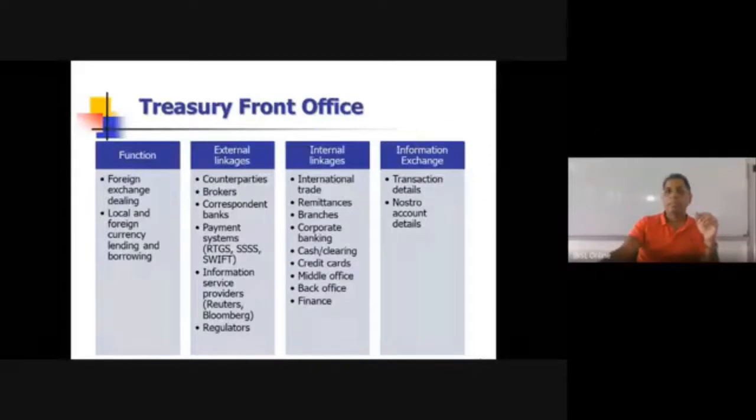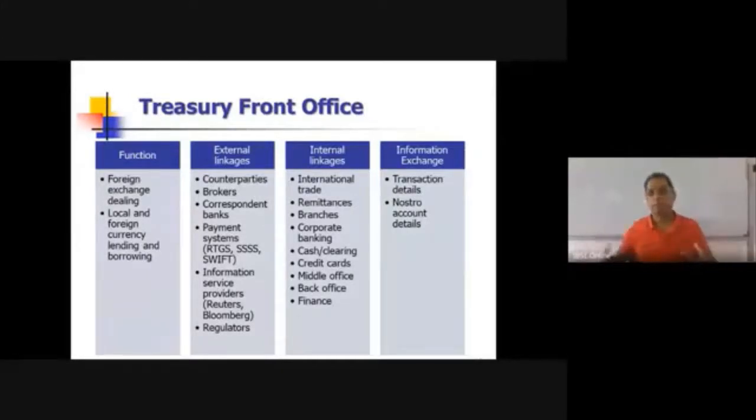And information exchange is through transaction deals, Nostro accounts. So basically, information can be exchanged in various ways. You can have day-to-day transactions, your monthly volumes, your Nostro account balances, your transfer pool rates that you have, board rate setting for exchange rates, various things like that.